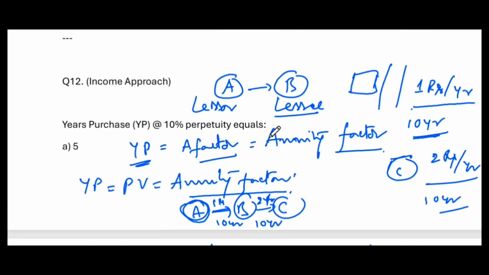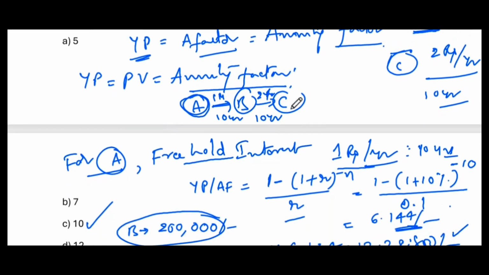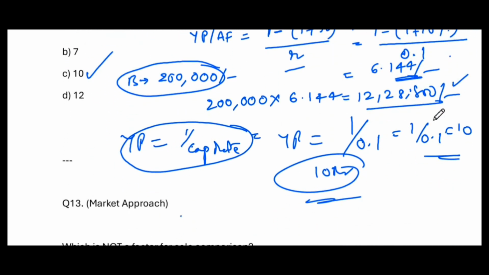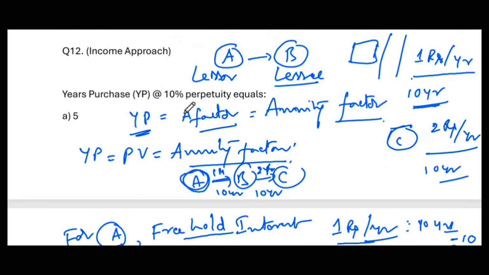If there is a certain time limitation or lease limitation like that, this is the procedure. If there is no such thing as time limitations, simply you can calculate year's purchase by 1 by capitalization rate. That is perpetuity. Perpetuity means until the life of the property. There is no fixed time or limitation for this.